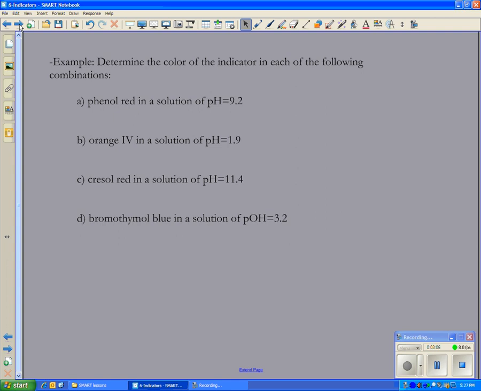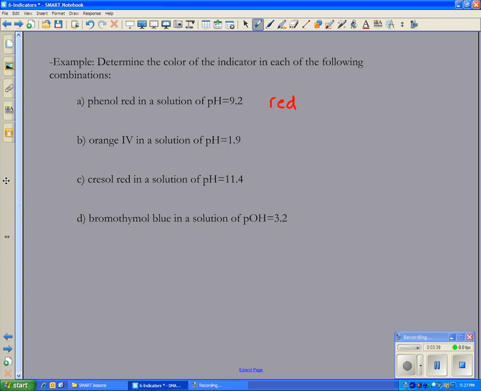So phenol red, another indicator on your table, if we put this into a solution that had a pH of 9.2, you'll see that the range that's given there is 6.6 to 8.0. The 9.2 pH value is above the upper limit of 8.0. So for anything 8.0 and higher, look to the second color, so red. So phenol red in a solution of pH 9.2 will look red.